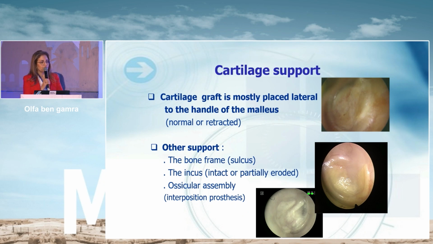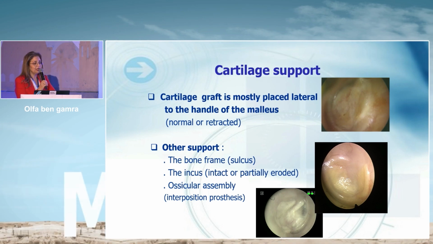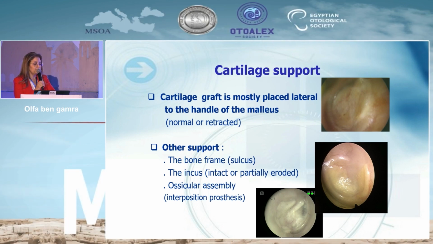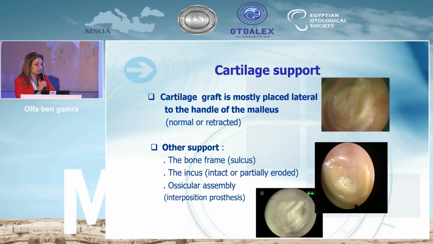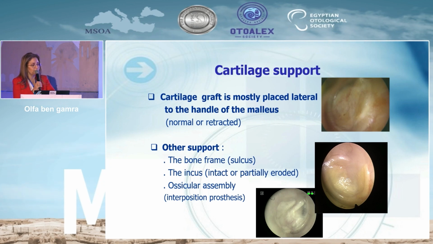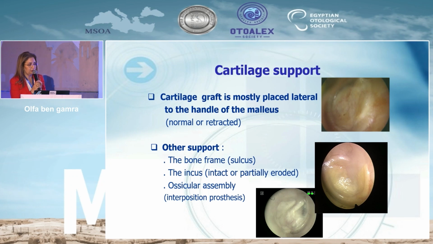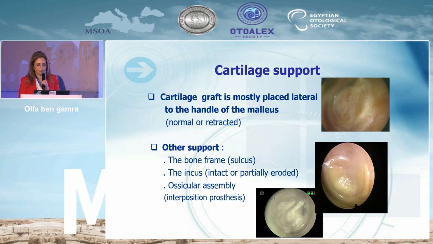Concerning cartilage support, we put the cartilage graft mostly lateral to the handle of the malleus. We should put the cartilage on the bone frame to have stability of the assembly.